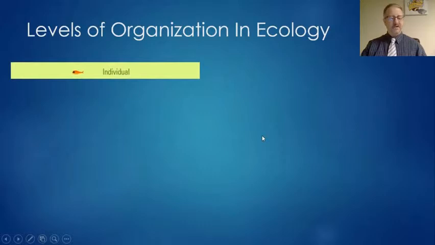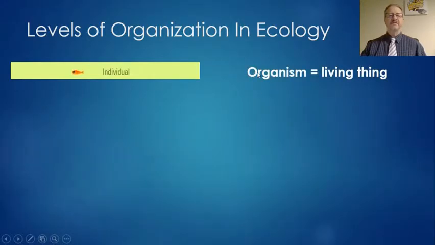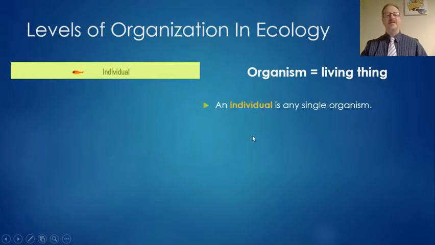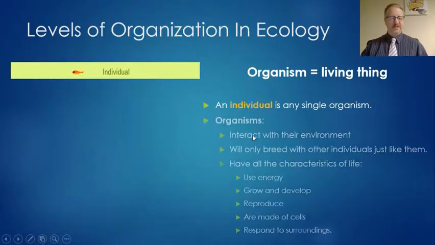Now let's start with the first level of organization. This is the individual. And of course, individuals consist of organisms. Organisms are simply living things. So an individual is any living thing or any single organism. Now, organisms are able to interact with their environment.